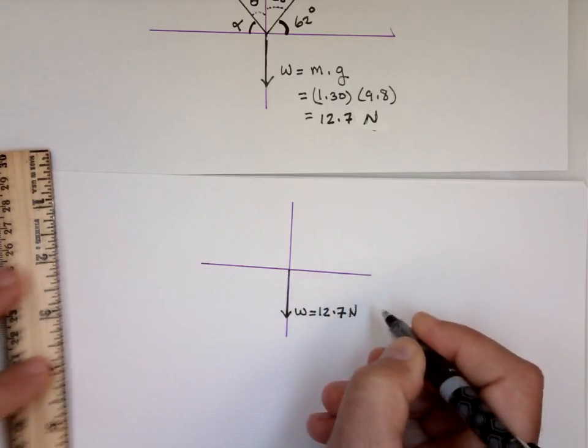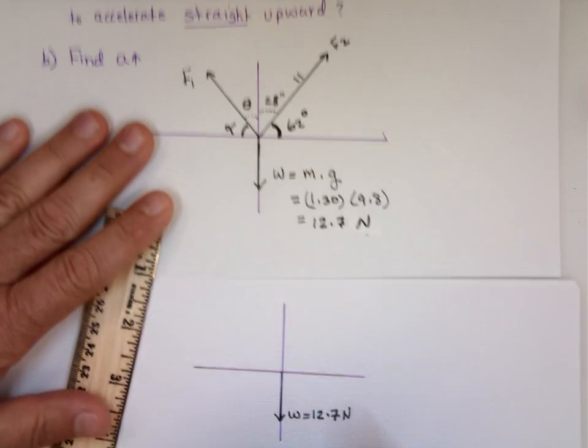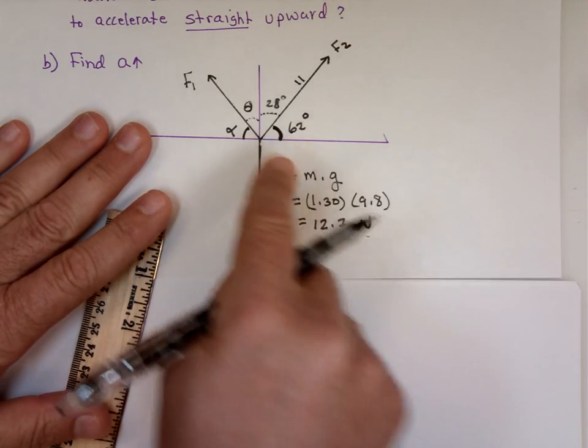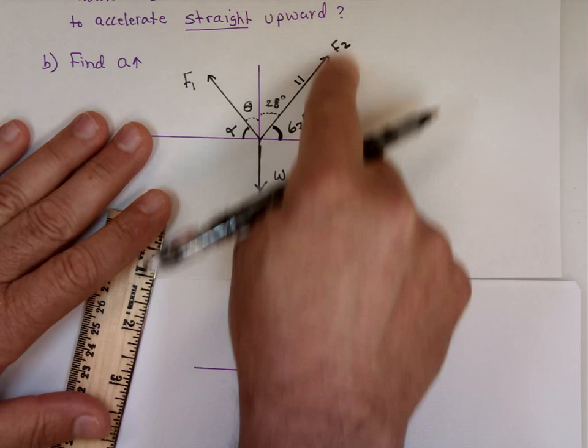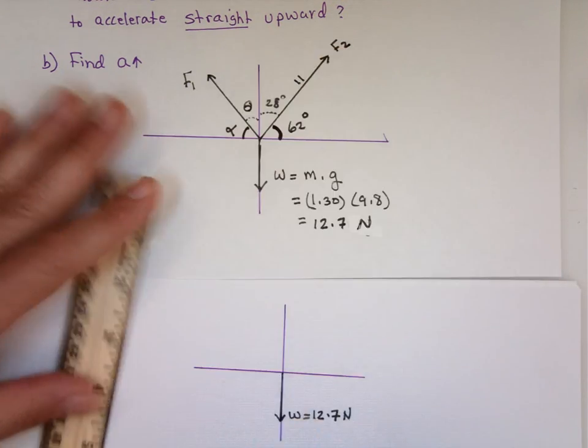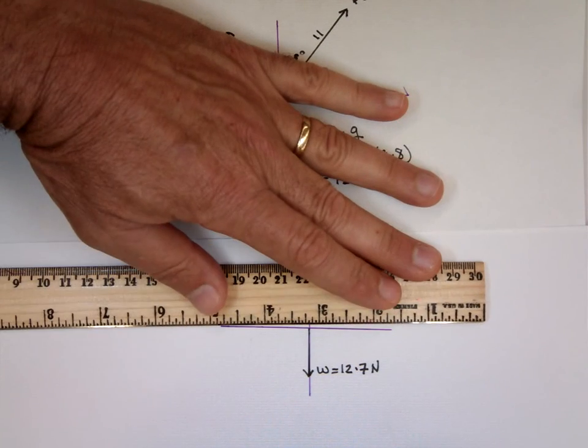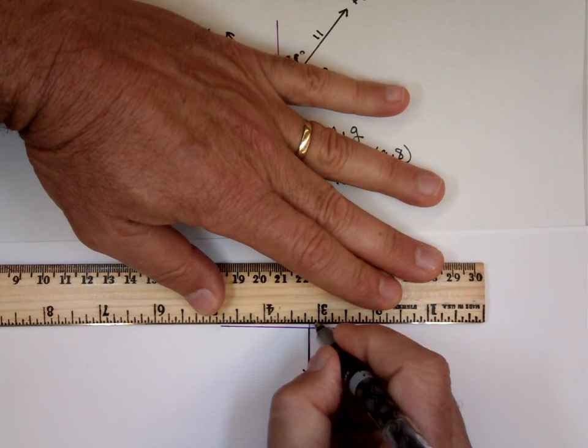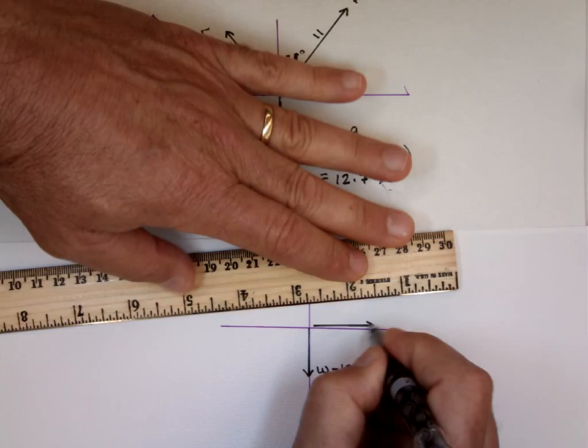I'm going to take F2, and notice F2, to go from here to there, you have to go to the right, then go up. To the right and up. So it's going to have a component to the right and a component up.